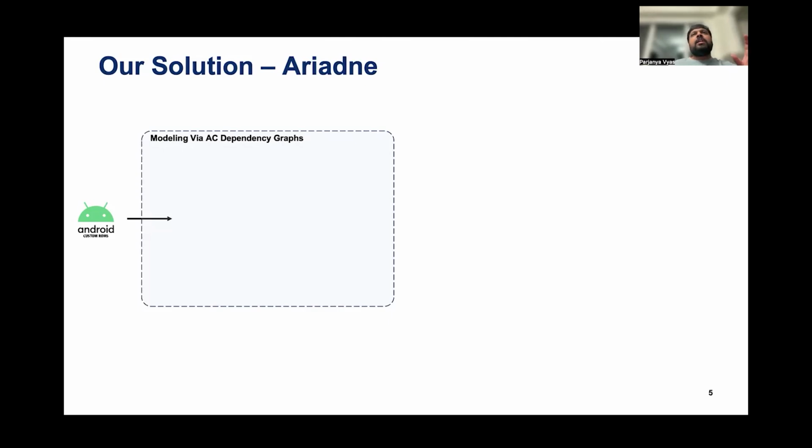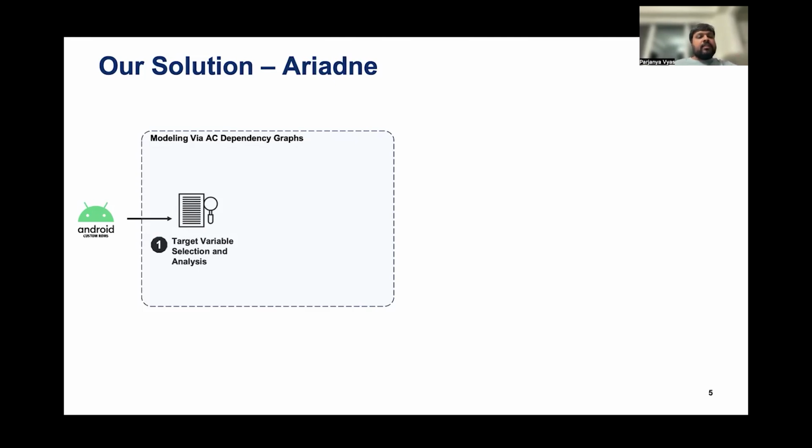These are abstract models that we propose to model the diverse data holder structures. The first phase is responsible for statically analyzing the code base of the Android ROM and creating these access control dependency graphs. We'll see in more detail how these graphs are actually created.